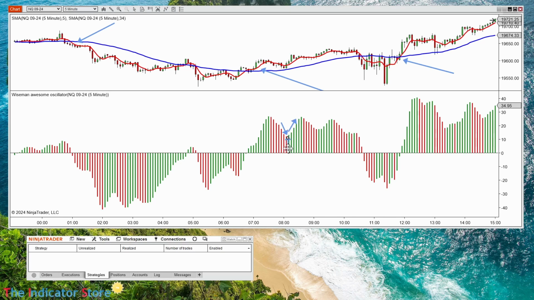Makes sense, because this distance is positive, it means that the fast SMA is over the slow SMA, so the market is going up. And because the oscillator is going down, it means that the distance is decreasing, but then the distance starts to increase again. So it is a movement in favor of the trend. Because the red line is over the blue, the distance is decreasing, and then it starts to increase again. It is a pullback.